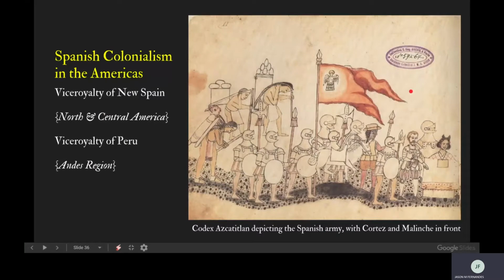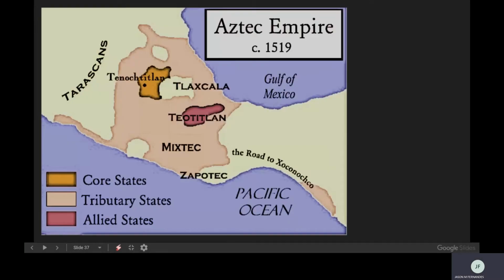Now, let's look at this idea of colonialism in the Americas, right? So we can kind of refresh how this goes down, right? Because before you can set up these sugar plantations, before you can set up these silver mines, right, we need a little context on how that got to that point, okay? And just as a refresher, what was already happening here, right? You had the Aztec Empire in Mexico, right?